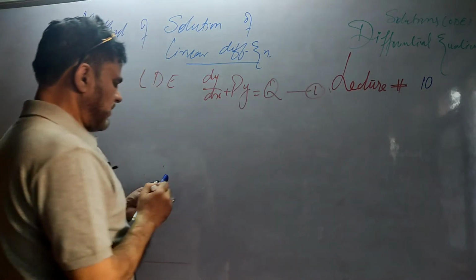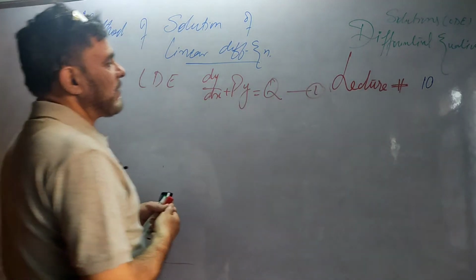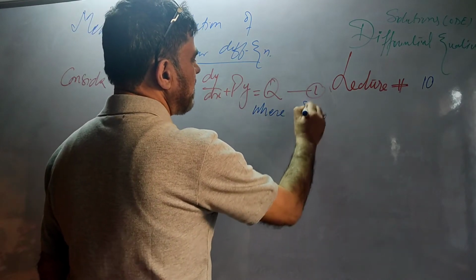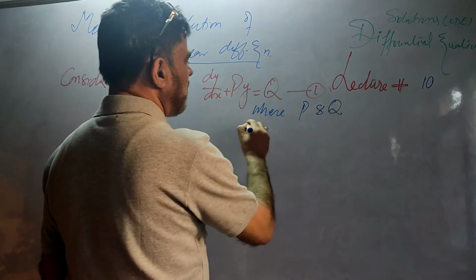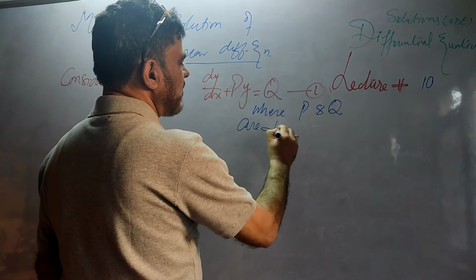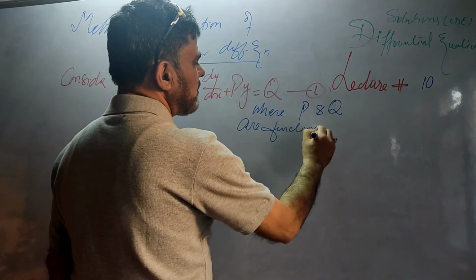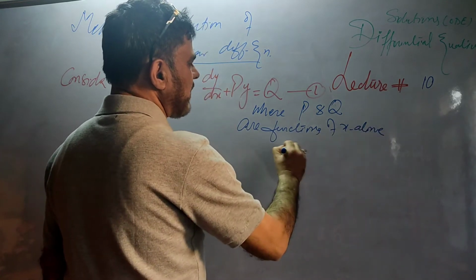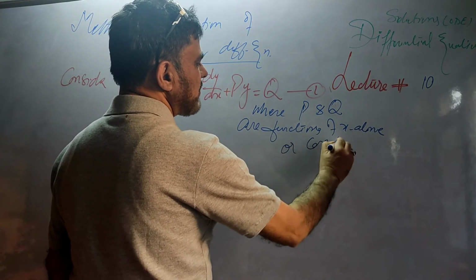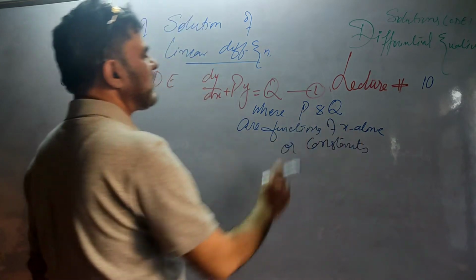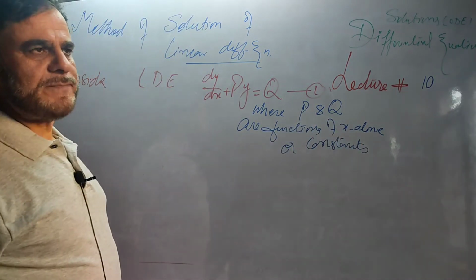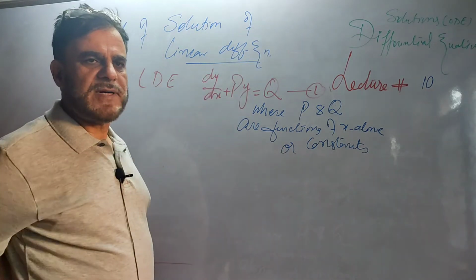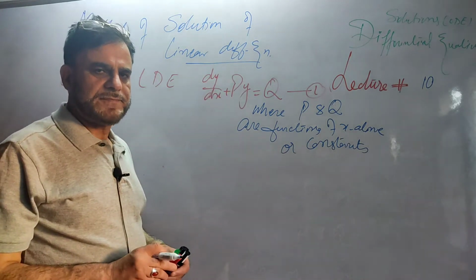This is our linear differential equation where p and q are functions of x alone or can be constants. They don't involve y in p and q, and y throughout occurs in the first degree.